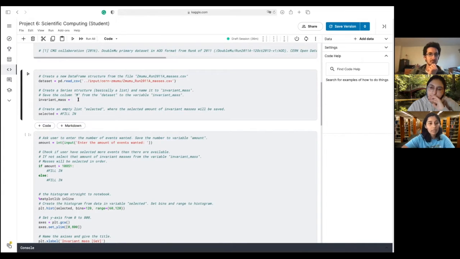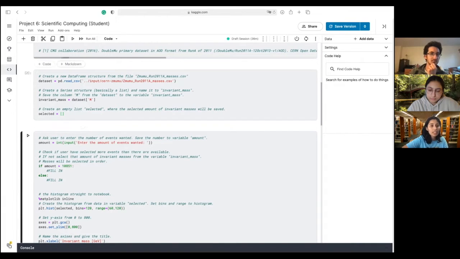Since dataset is the variable that we used for reading the file, we know that column M of the file is the invariant mass. So we set it to dataset M, and then we empty this selected list for the next part of our code.